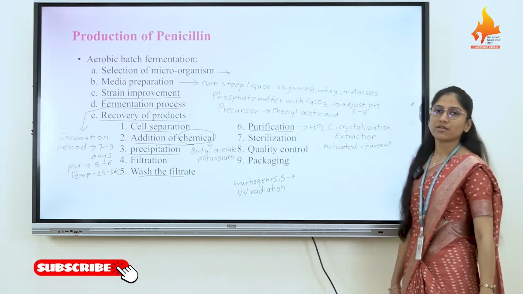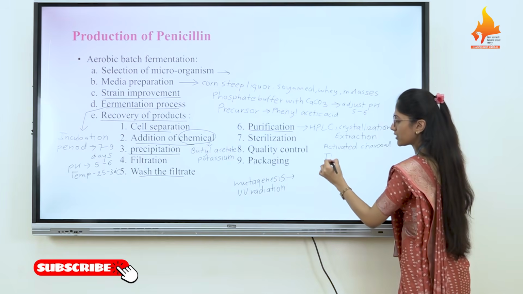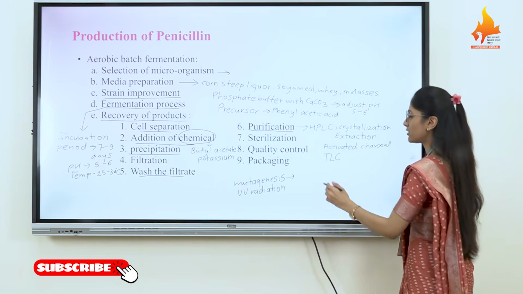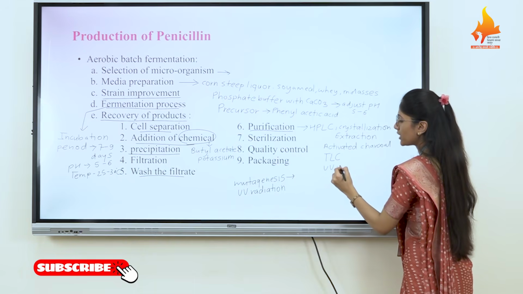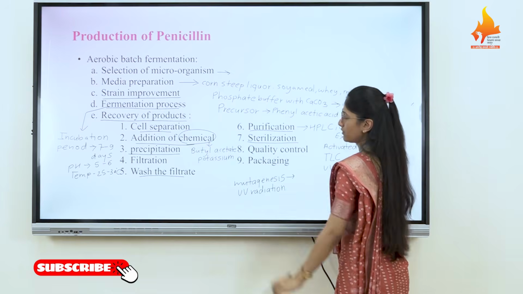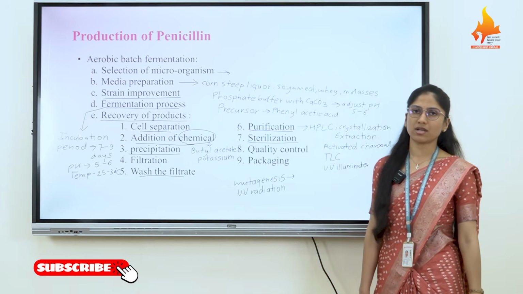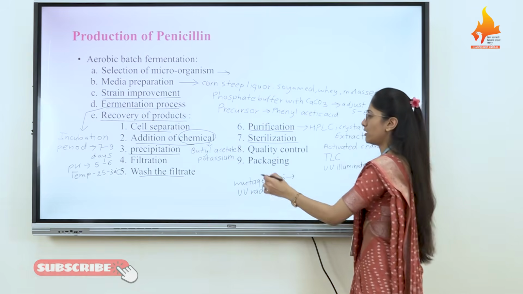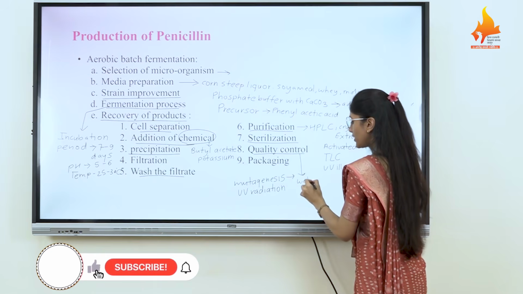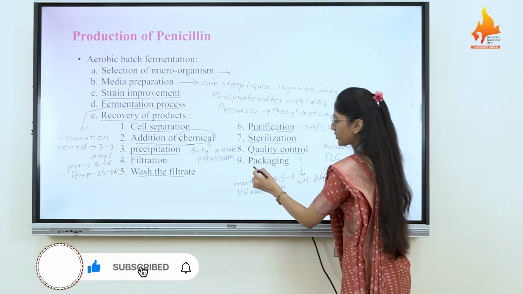This purified form of penicillin is identified by using TLC, thin layer chromatography, and the visualization is done by using a UV illuminator. Next, sterilization occurs, both batch sterilization methods as well as continuous sterilization methods. Quality control is done by using the well diffusion method. And the last step is packaging.